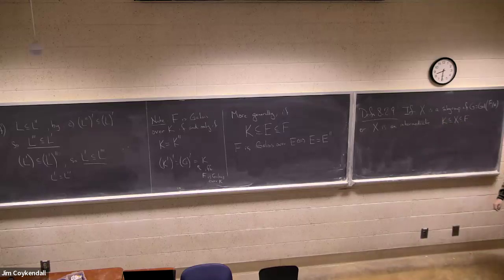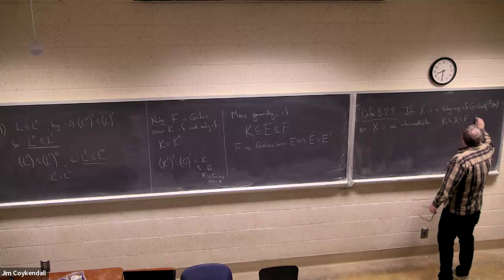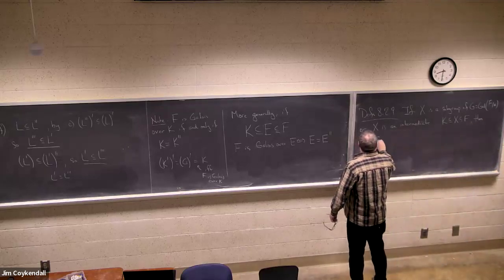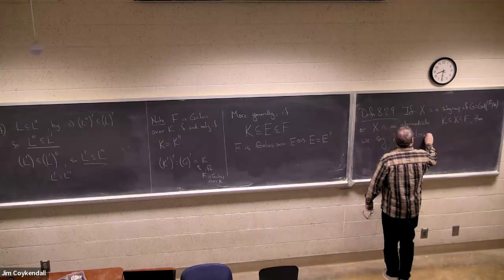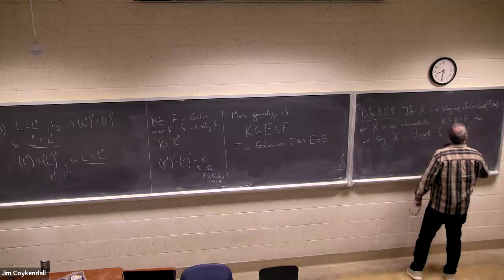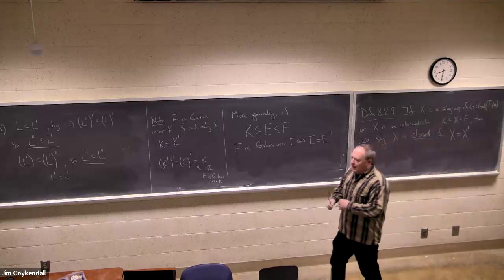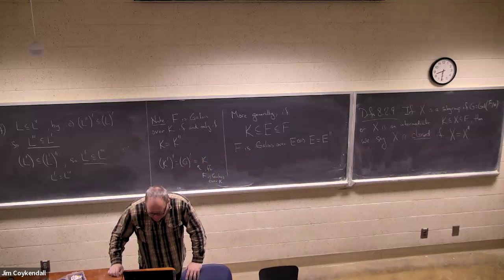So we're letting X be sort of variable, but neither represents a group. It's something in the Galois group or an intermediate extension. Then we say X is closed if X is equal to X double prime. Of course, X is always contained in its double prime. And we say it's closed if you get equality here.